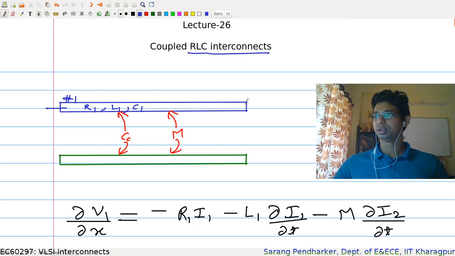And then I have the second interconnect, with resistance per unit length R2, inductance per unit length L2, and capacitance per unit length C2. Then these two are coupled by the electric field coupling, which gives us the coupling capacitance.